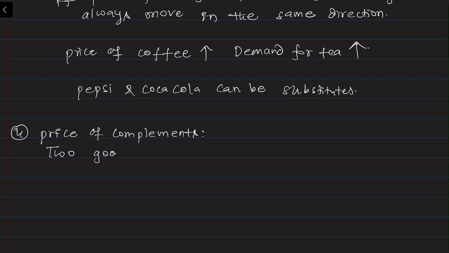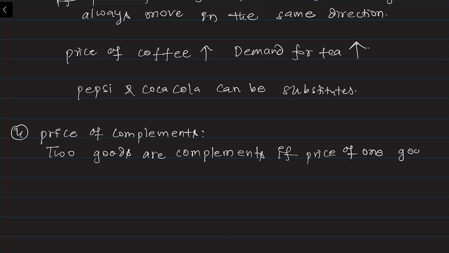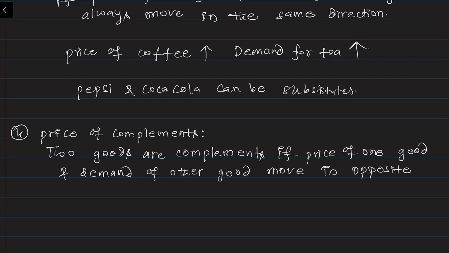Two goods are complements if the price of one good and the demand for the other good move in the opposite direction.